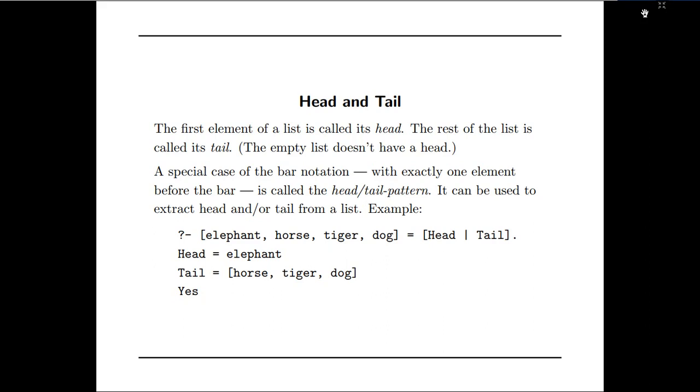In such a case, the object elephant will be assigned to head, and horse, tiger, dog will be assigned to tail. So this is the way the head and tail function.